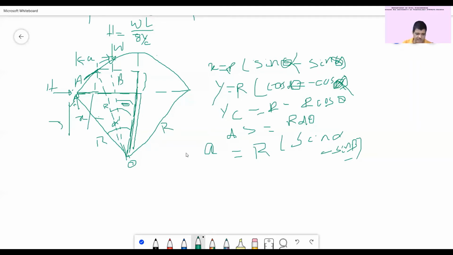By putting all these values, we have developed the equation for H. It is a very long equation. You can derive this value, but it is not essential to remember these things.